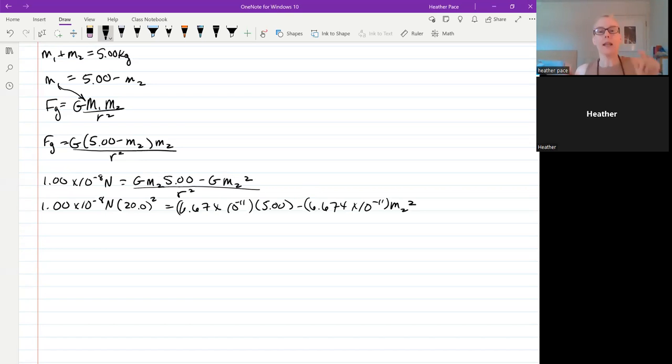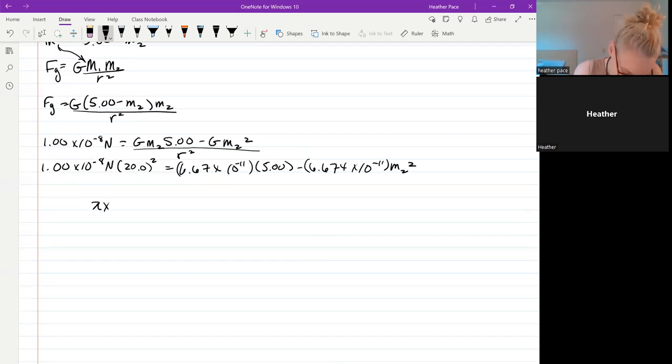All right, so let's rearrange this so that we have an equation that looks like this. And then let's figure out what our A is, what our B is, what our C is, and then shove it into the answer that we know, which is negative B plus or minus the square root of B squared minus 4AC, all over 2A.